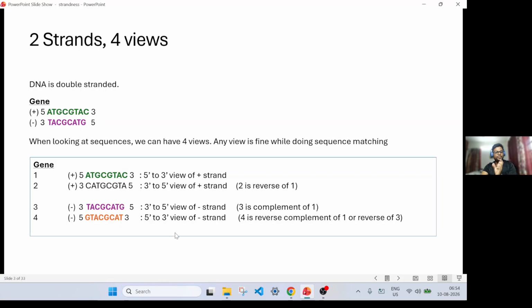The same goes if your read matches this or this, then you say it is matching with the negative strand. In reality, it exists in DNA as two strands, but when we do the matching and alignment, it's better to look into four views so it is easier to compare. You will see that when I portray it and you can easily understand. So, two strands, four views.